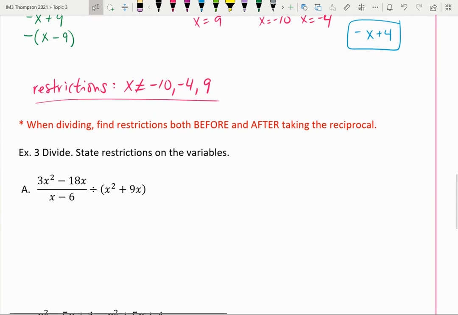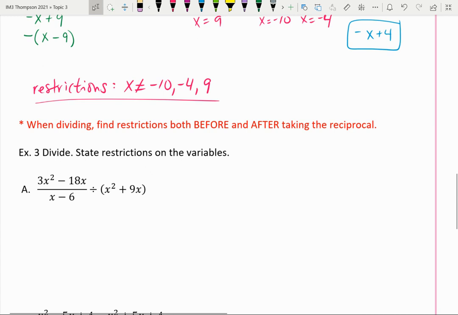Now, an added note for dividing. When dividing, we have to find restrictions before and after taking the reciprocal. So it just adds a step. Remember that instead of dividing by the right-hand side, I'm going to multiply by the reciprocal.